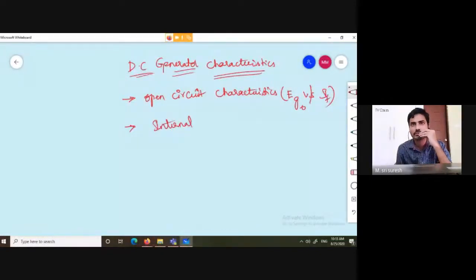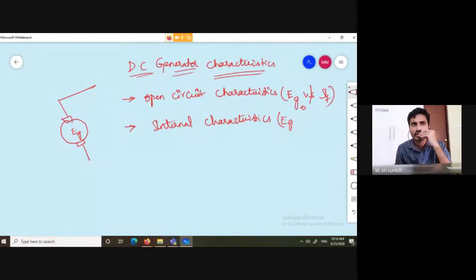Internal characteristics. Internal characteristics are drawn between internal parameters of the generator. In internal characteristics, we talk about the armature. This is the symbolic representation of the armature. In the armature, what is the EMF value?